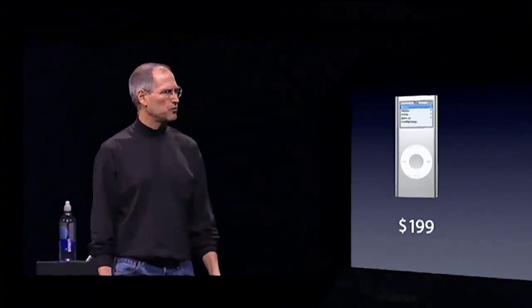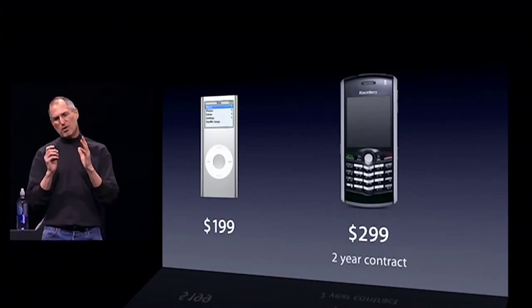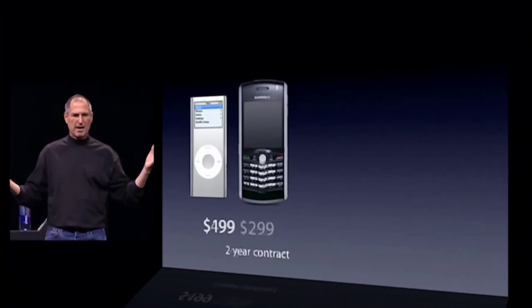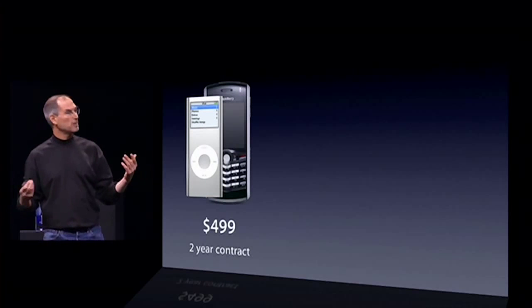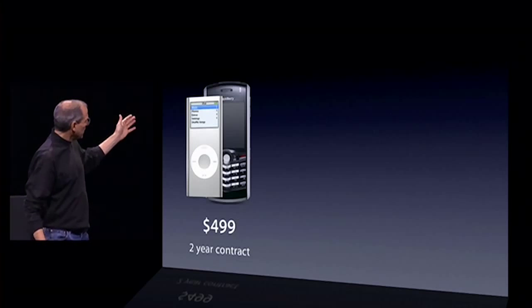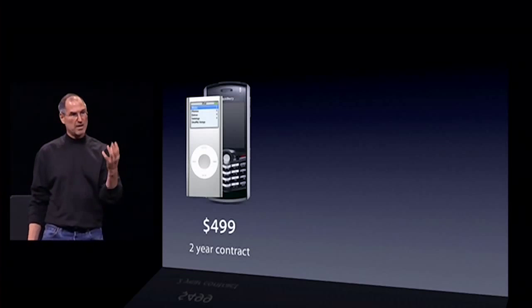You can get them for $199. Palm just introduced a new one at $399 yesterday, so generally average about $299 with a 2-year contract. Now, these phones sort of do music, but nobody uses them for music because they're not very good, and so they end up buying an iPod to go with the phone. We know we sell the iPod. And so people spend $499 on this combination.